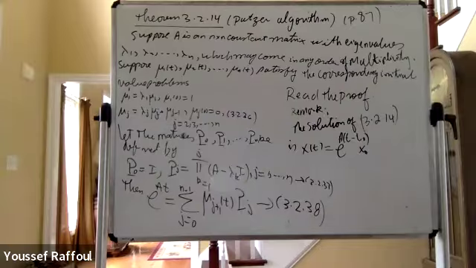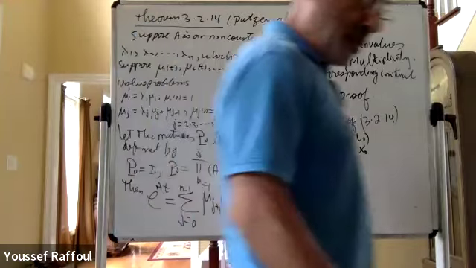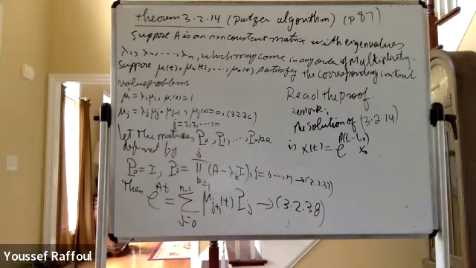So this is called the Putzer algorithm, and it's a very important theorem or algorithm on how to find exponential matrices.